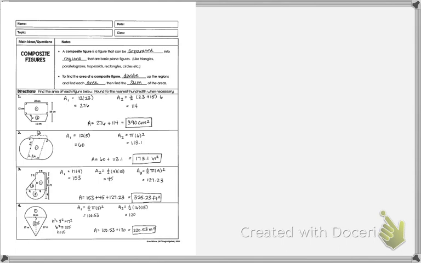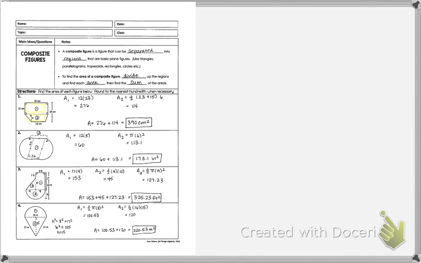As you have here on number 1, you have a composite figure. We have this rectangle, and then we have that trapezoid right there. So you would have to use both of those equations, and those are given to you in 11.1 and 11.2.